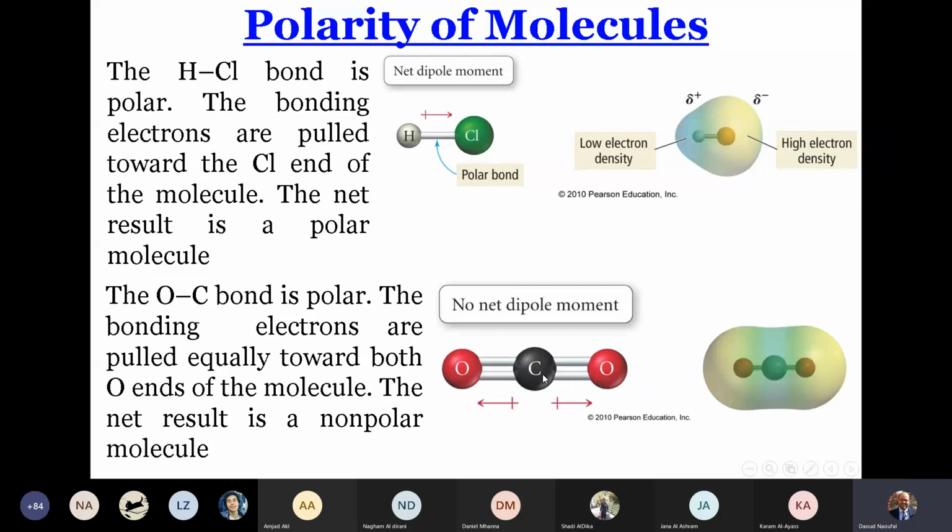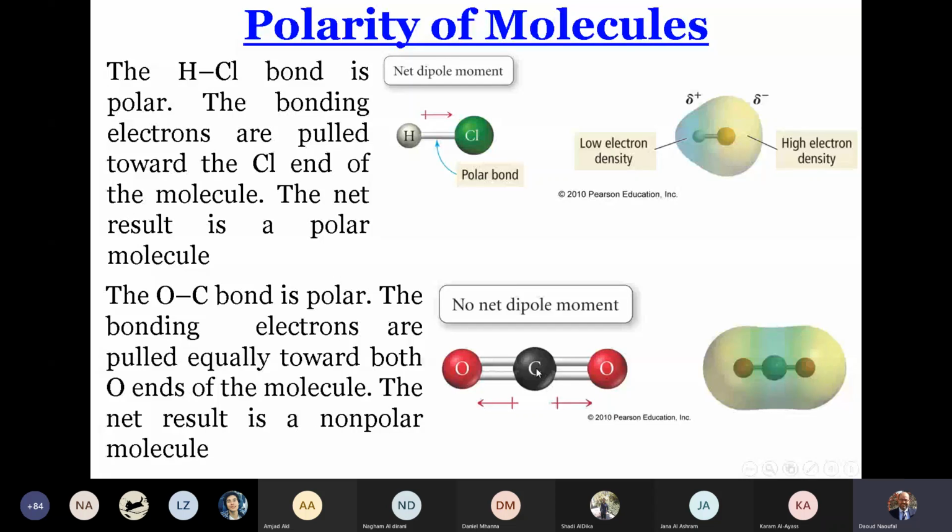Consider CO2. We draw VSEPR. The geometry and the figure of repulsion is linear. We draw the bond dipole of all bonds involved. The first bond is C=O. The second bond is C=O. Which is more electronegative?